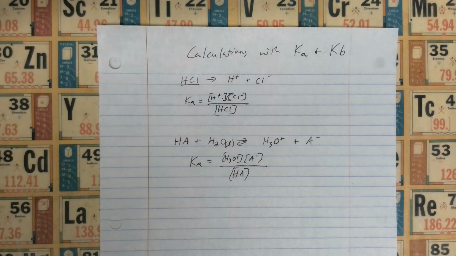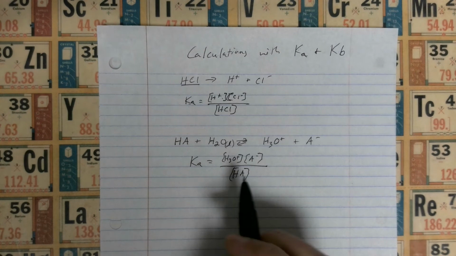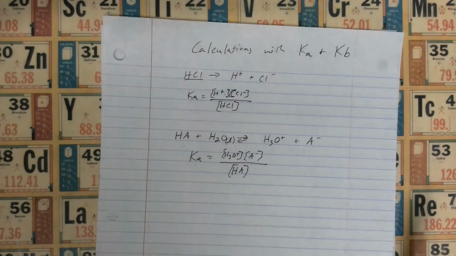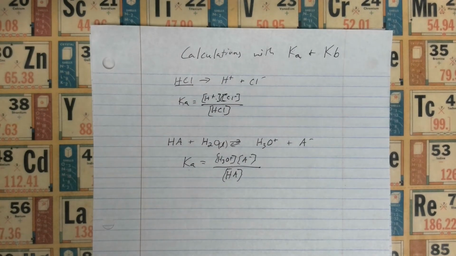But what you can do with this then is several different things. First of all, there are RICE tables that you can do. If we know concentrations, we can calculate the Ka. If we know Ka, we can calculate concentrations, and vice versa.